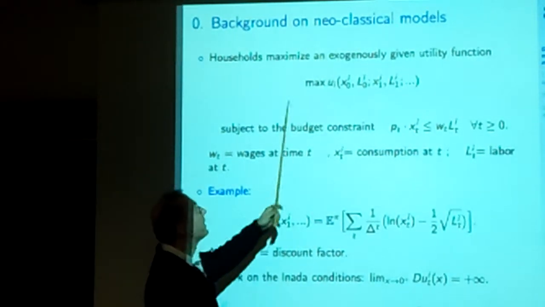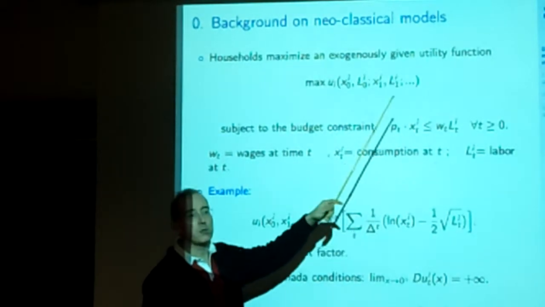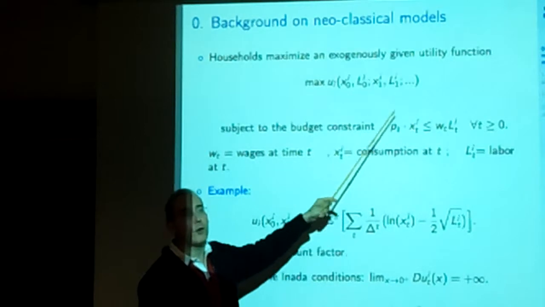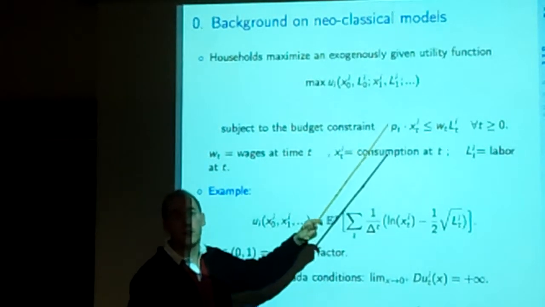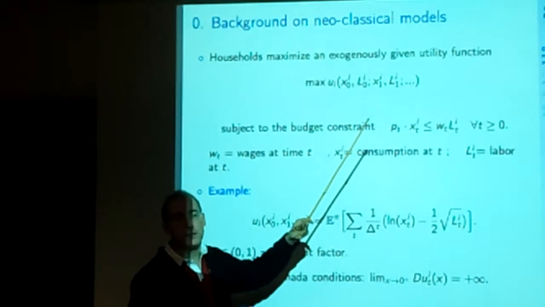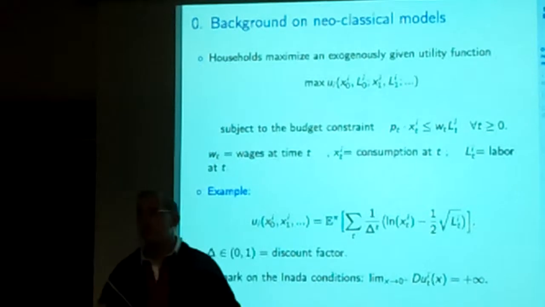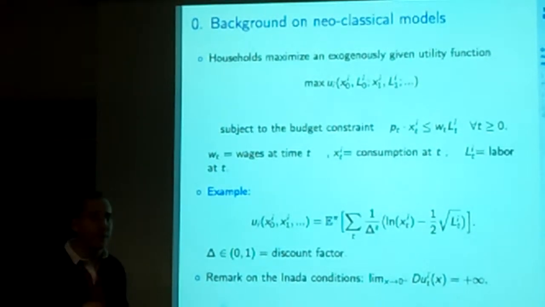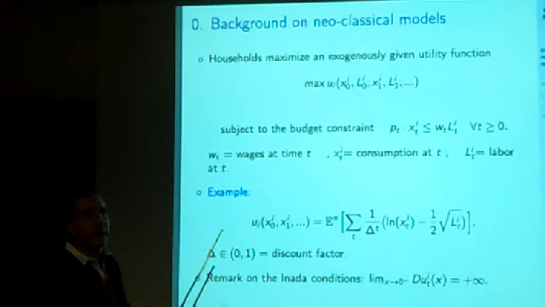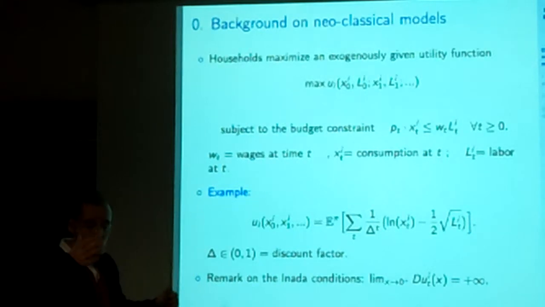What is an issue is that in order to solve this problem, you need to know the price tomorrow, after tomorrow, 3 days after tomorrow, etc., for all your consumption goods. So you need to know the price of oil in 10 years with perfect accuracy. In other words, you need to have rational expectations. This is the way economists think of it. They assume that people know perfectly the series of prices of all the consumption goods they might consume from now until the end of life.